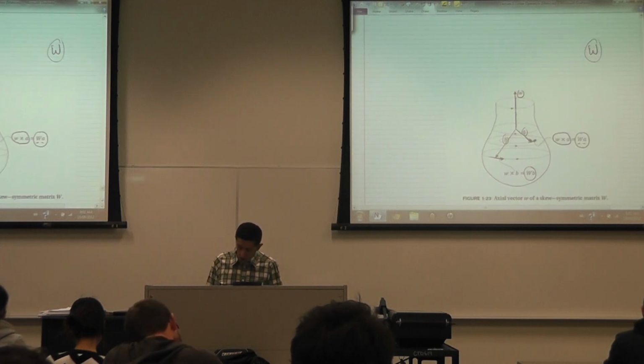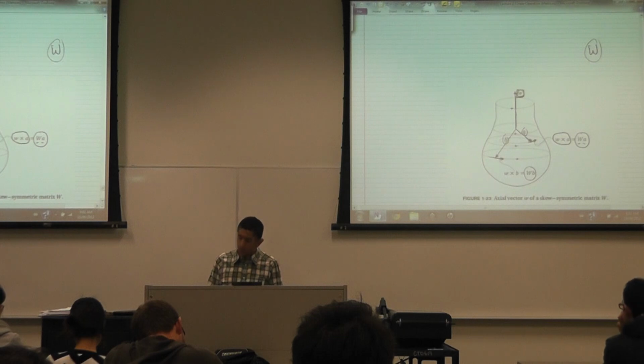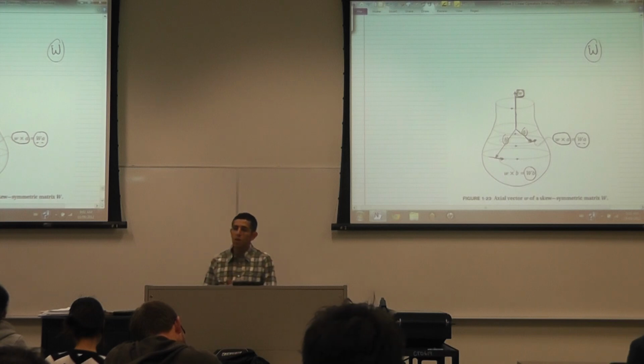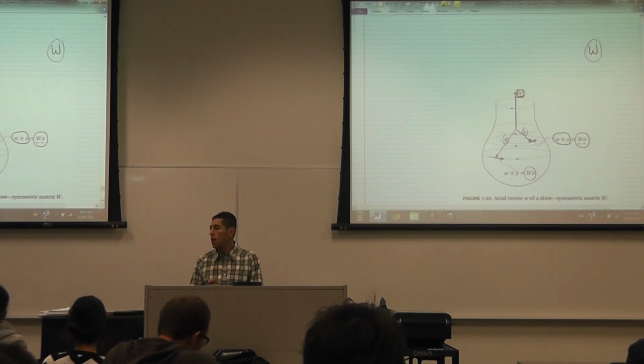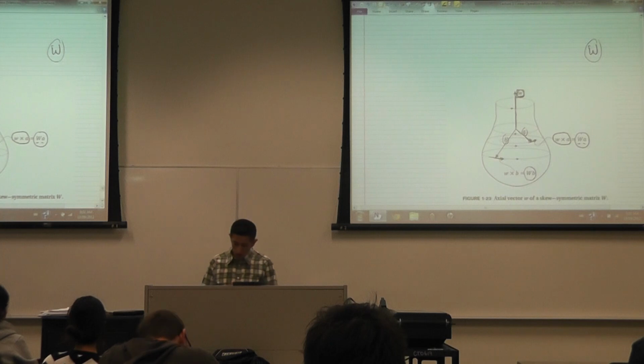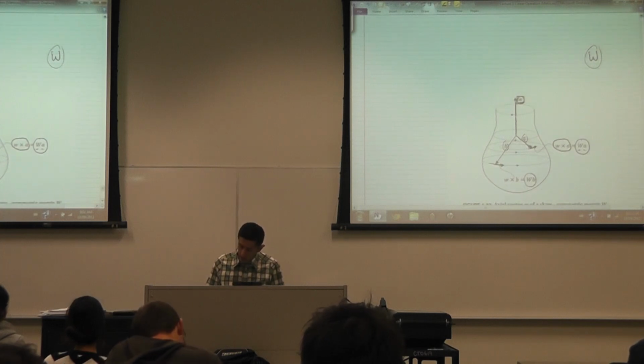First thing we need to address is this vector. And we need to find this vector where when W is multiplied by this vector, I get 0. Because this vector is not rotating. And that's the first problem.